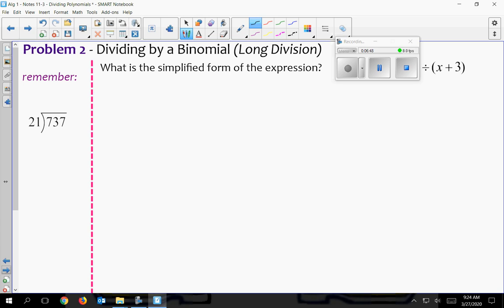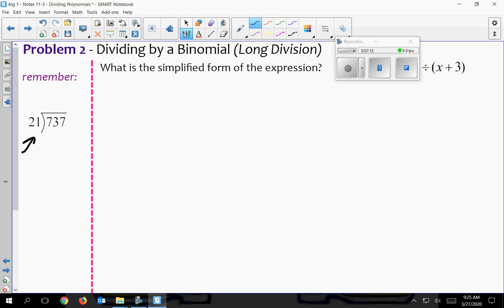So earlier I said, how do we divide these? In the old days, before calculators, we had to set up long division, okay? And we'd have to be able to multiply or divide stuff into another number. Long division, all right?